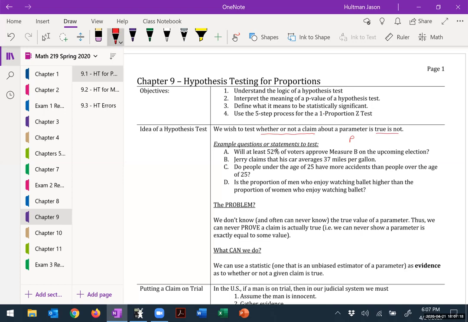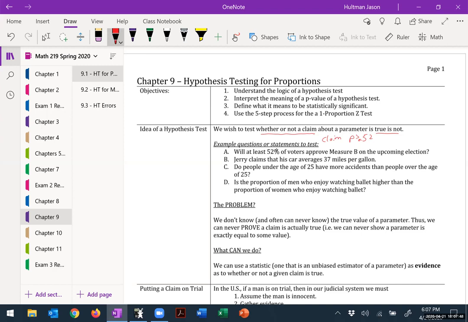So we have a claim that P is greater than or equal to 0.52. That's our claim about the population proportion.